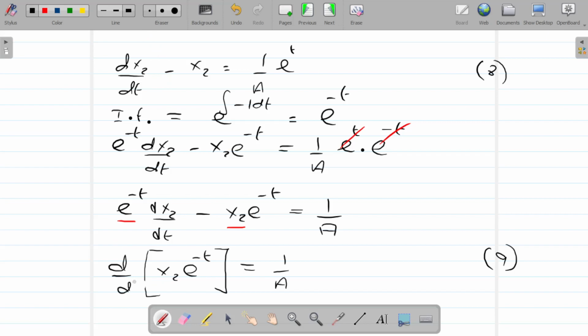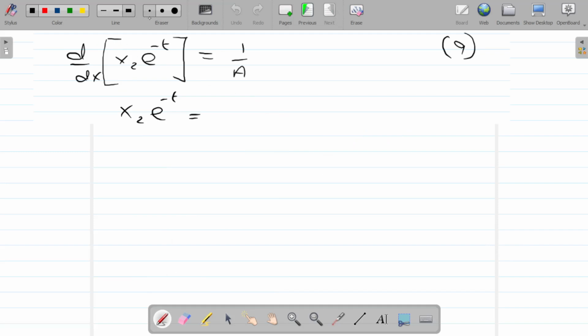There we are. Put a t in, and go to next. We need our eraser again. Oh, I can't get rid of that, but let's just, so there we are, t. So we're integrating with respect to t. So on the right hand side, that becomes 1 over a times t plus a new constant b.